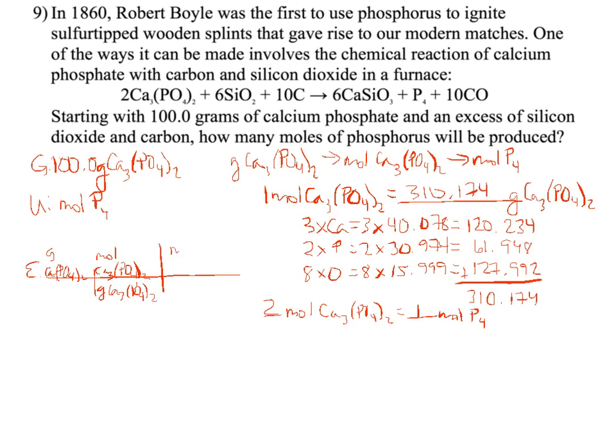And then we go into moles of phosphorus, P4, which means that we need moles of phosphorus out of moles of calcium phosphate.